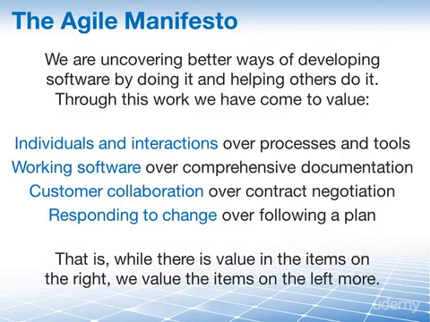And it reads, that is, while there is value in the items on the right, we value items on the left more. So if we look at the first of the 4 values, individuals and interactions are valued more than processes and tools.